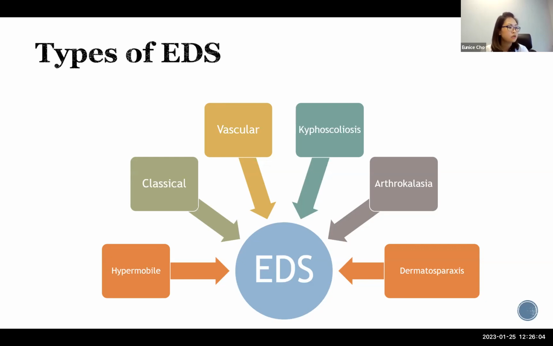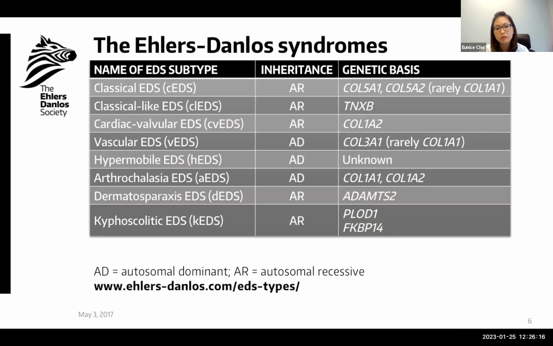Initially, the incidence was about 1 in 150,000 individuals, but with more subtypes of EDS being discovered, the current known incidence is about 1 in 5,000 patients. The slide is directly from the Ehlers-Danlos syndrome website. These are just a few subtypes that I wanted you to see.